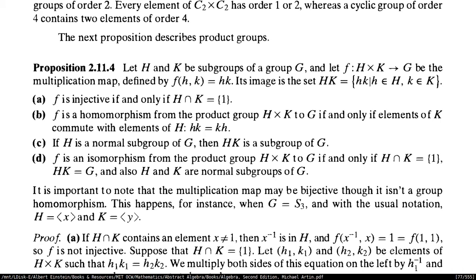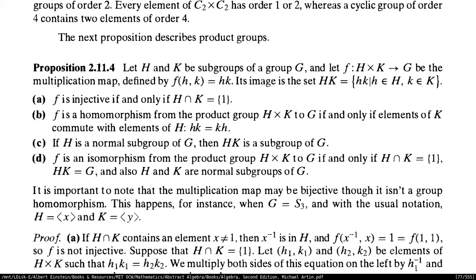So its image is going to be in the set HK. So HK is going to be all the products of elements from H and K, right? Its image is the set of all the products of these elements from the subgroups.